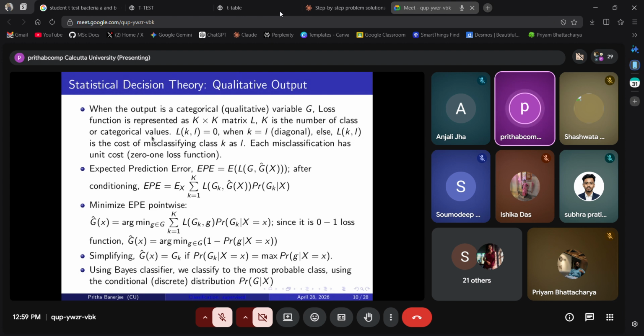If you have 4 classes in your data set, you will have a 4 by 4 matrix.